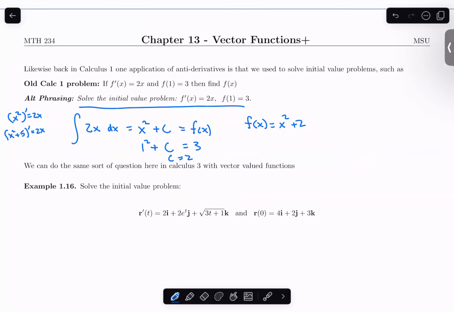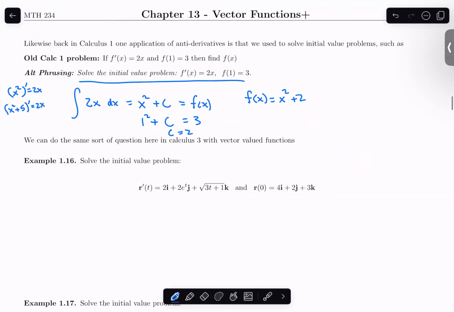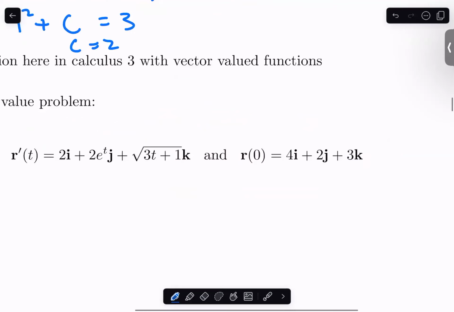In calculus 3, we're going to play a very similar game. Here is a similar phrased problem. I give you a derivative and some other point. In this case, when you plug in 0, you ought to get out the vector 4, 2, 3. So with this information, my question is, well, what was the function that I started with, right?